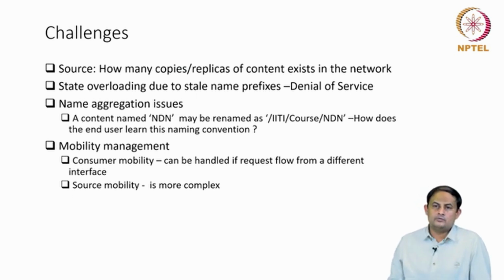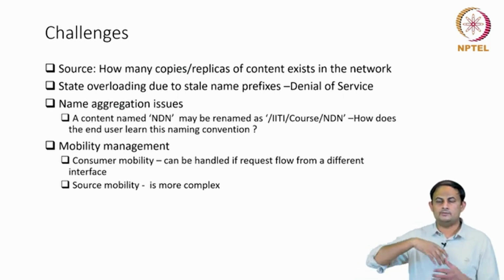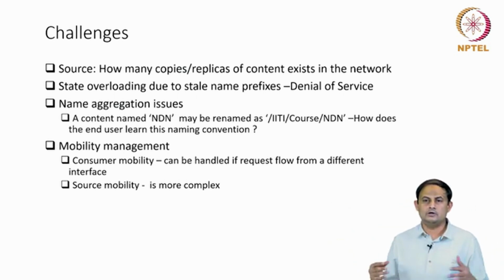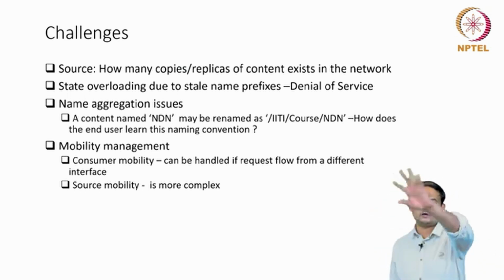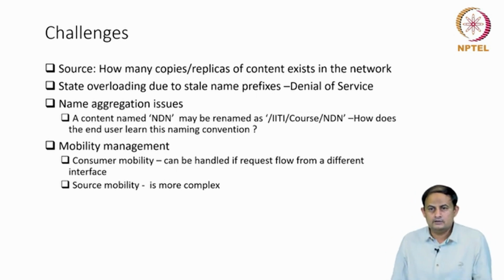Let's assume that at some point the producer wants to discard that content because it is no longer relevant. How do I know, as a producer, that all the copies that exist in the different routers' caches are erased? Whether someone is still keeping a copy of that content, and how do I make sure that all the copies are erased?